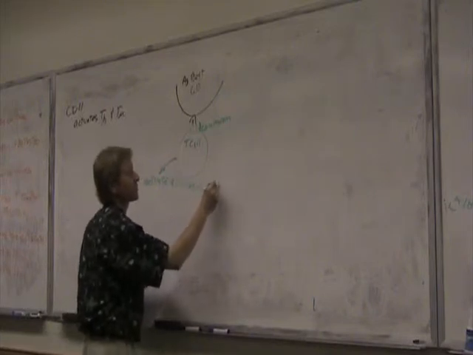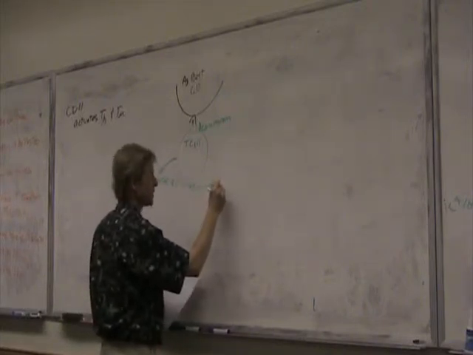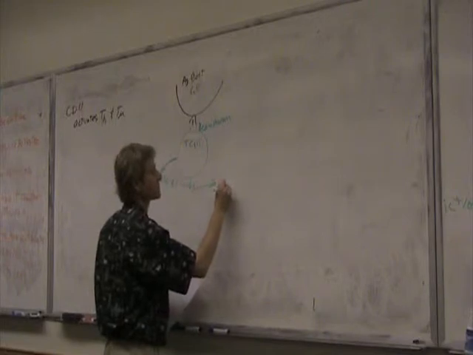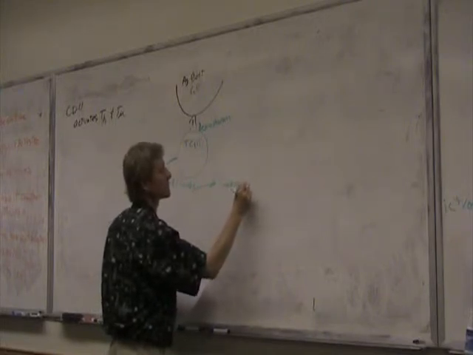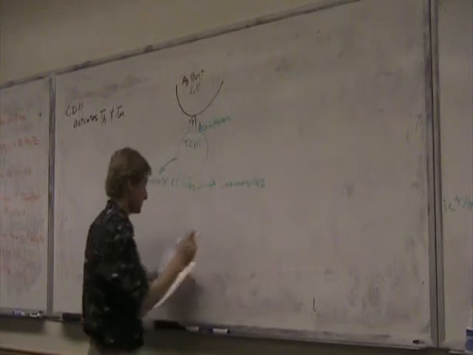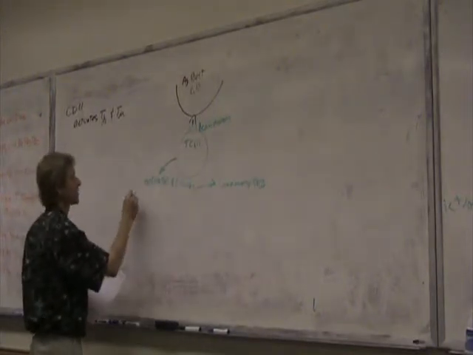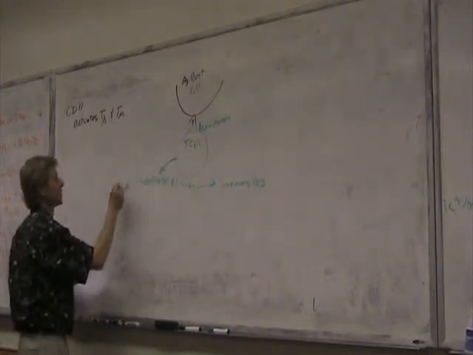The dividers go off into T memory cells. The activated cell becomes an activated T helper cell.